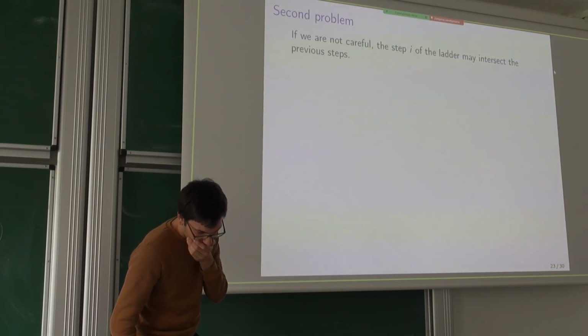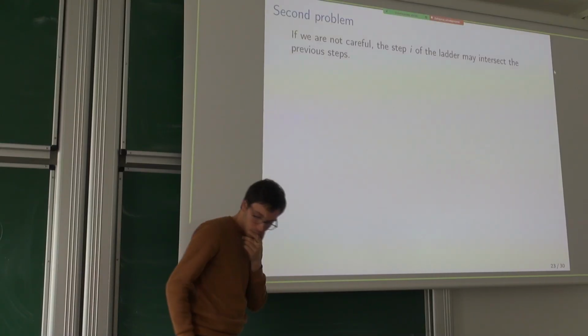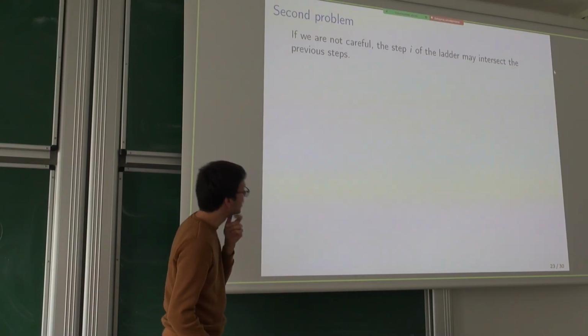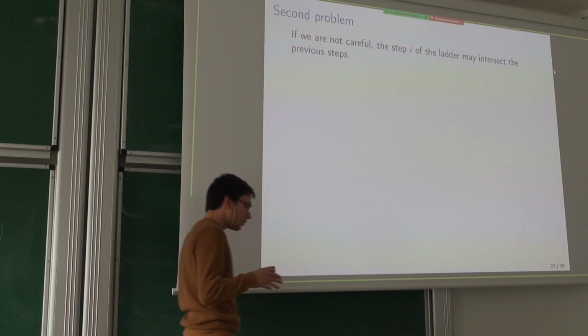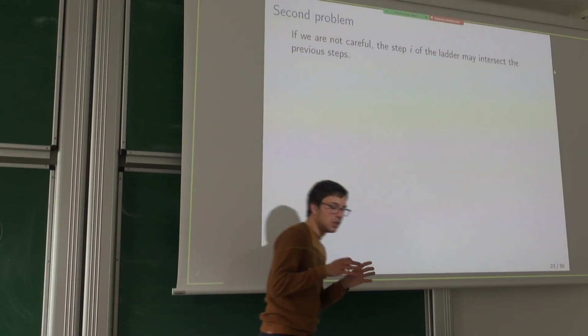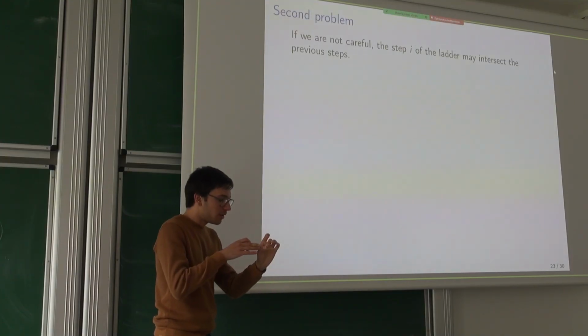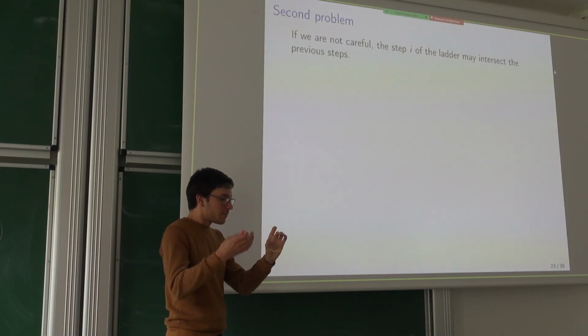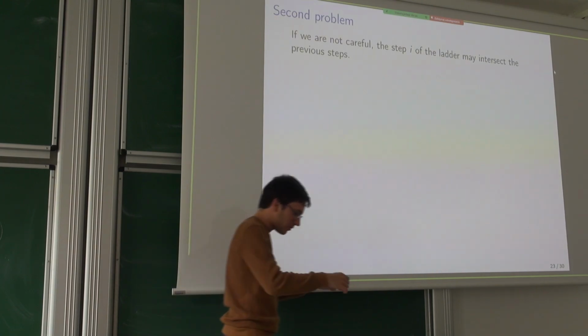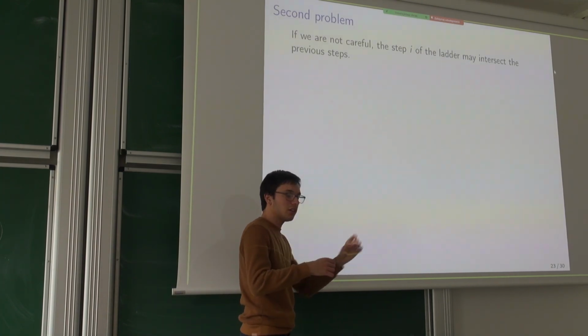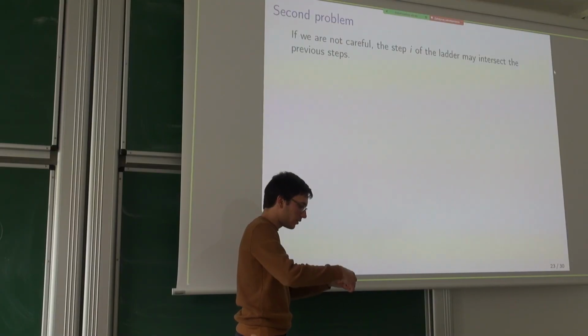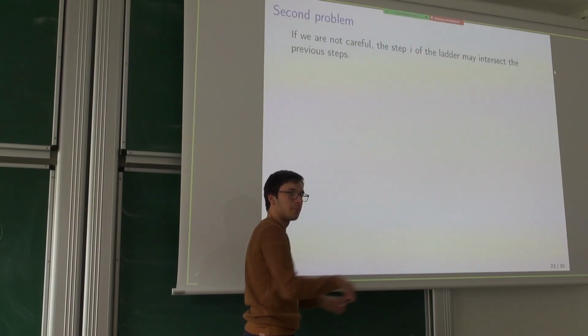And a second, bigger problem, actually, is that when we were doing the proof for k equal 2, we were just looking at one bag, okay? And we were building at every step one bag, one block. And at every step, we were building one new step for the ladder, again and again.